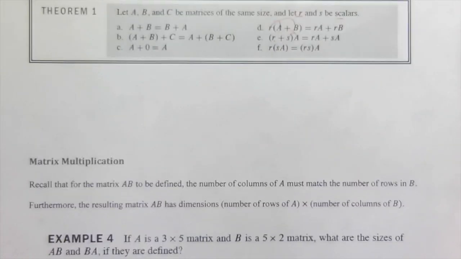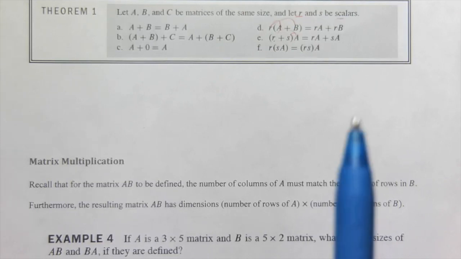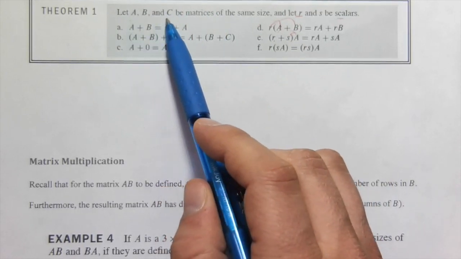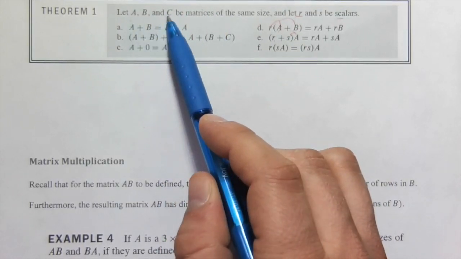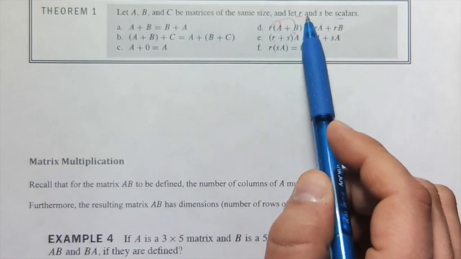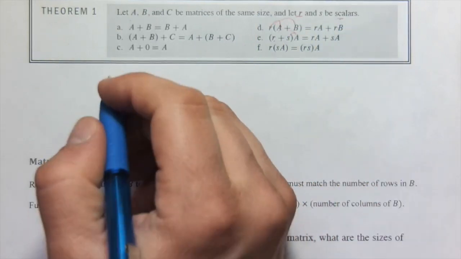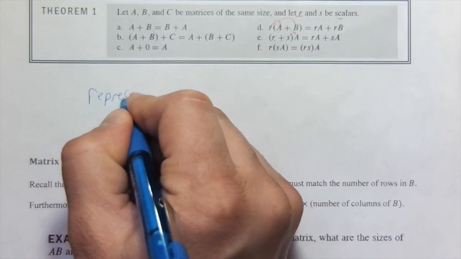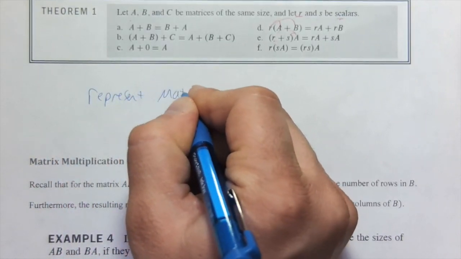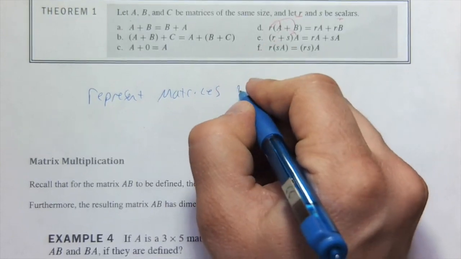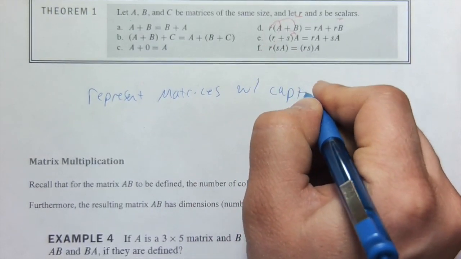But also notice that, and I think I've talked about this before, when we talk about matrices, notice that we're using capital letters for the matrices, and we use lowercase letters for individual scalars. And that's usually always the case in linear algebra, where we represent all matrices with a capital letter.